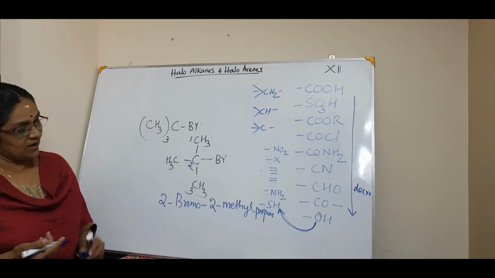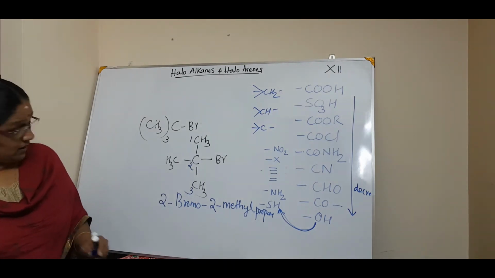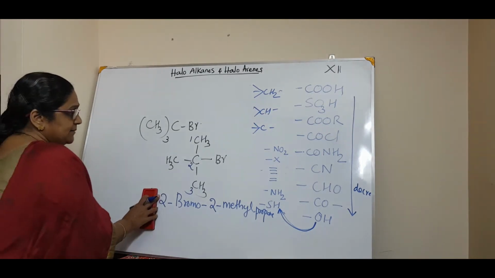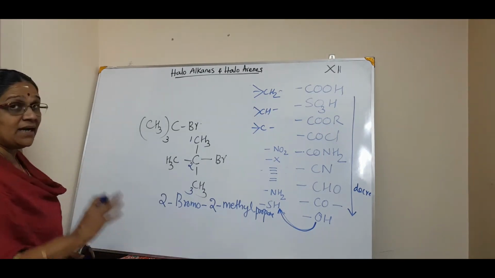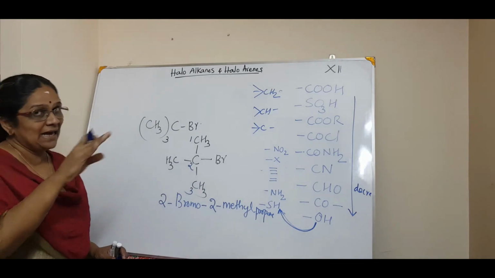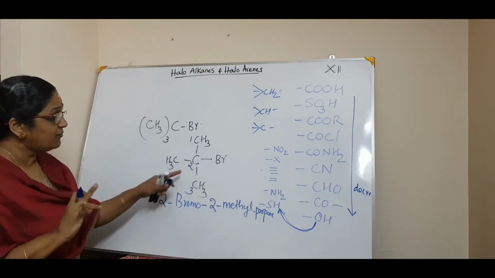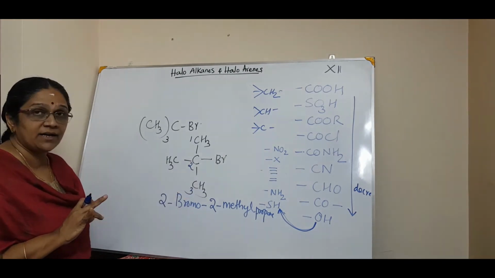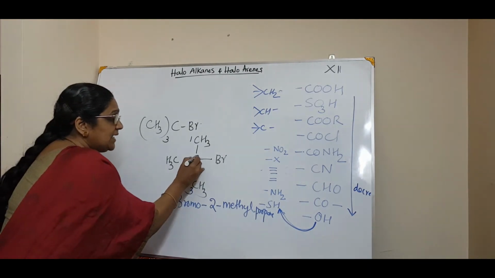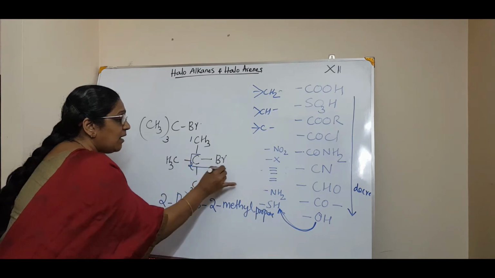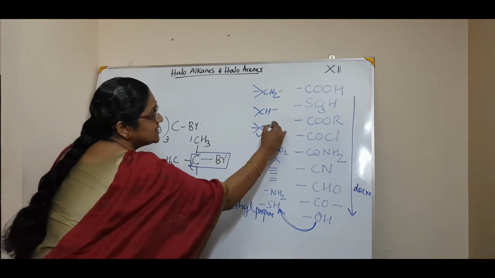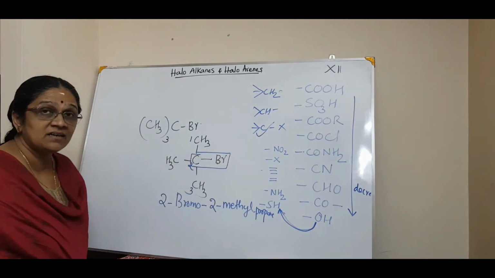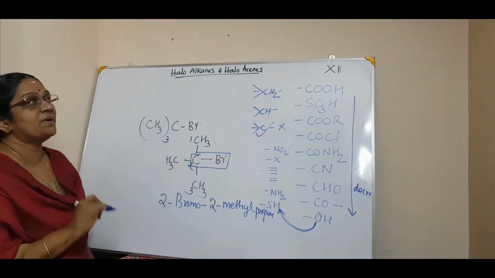Clear? So now how will you write the common name? Listen carefully. See, the common name, it is an alkyl halide, isn't it? But you have to see this carbon atom. What is the peculiarity of this carbon atom? It is the C bearing Br. Now what is CBr or CX? What type of carbon atom is that? It is a tertiary carbon atom.